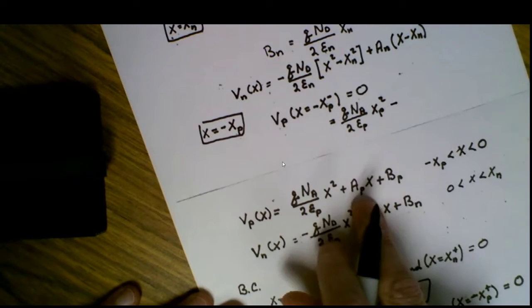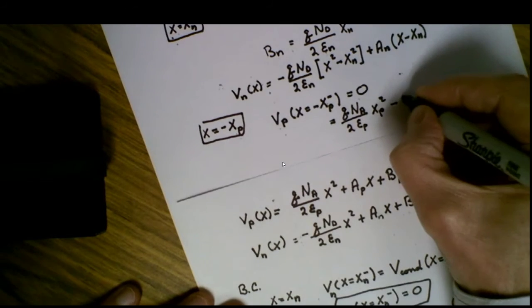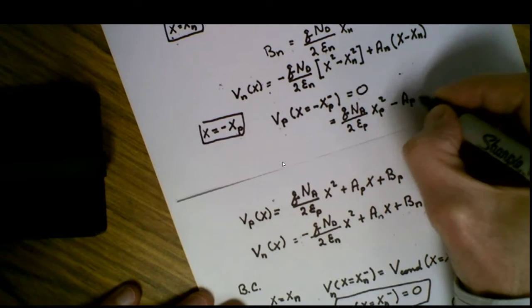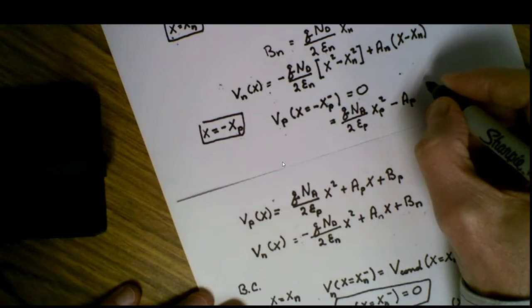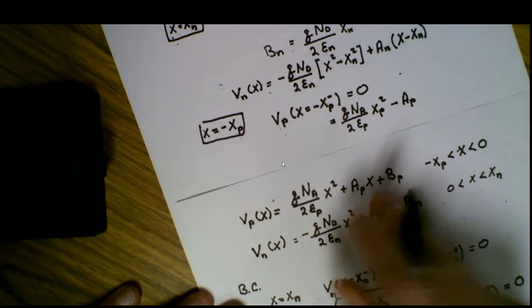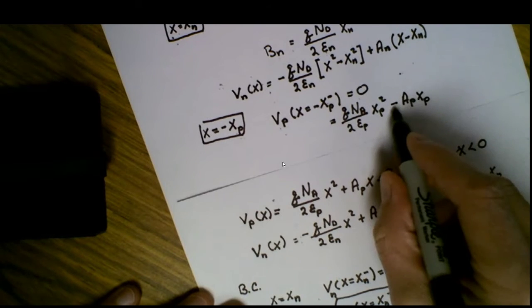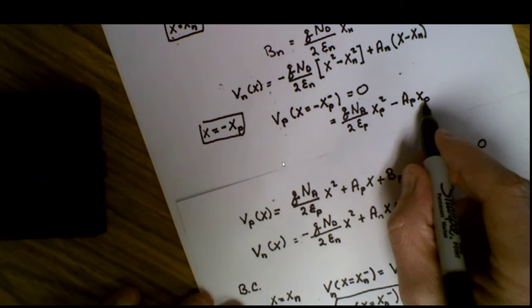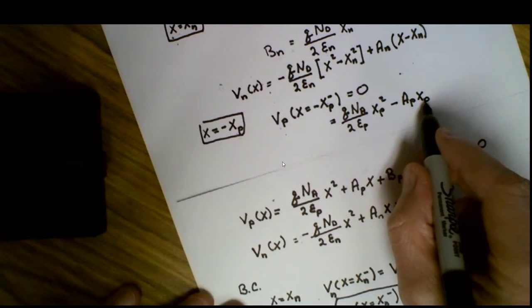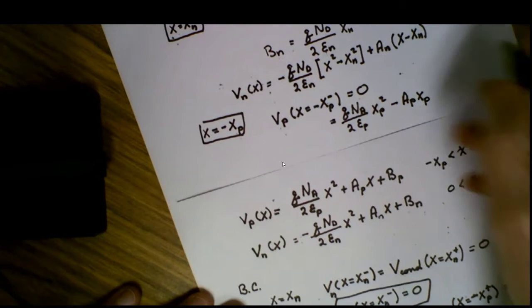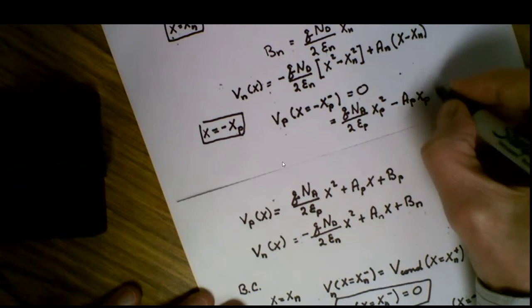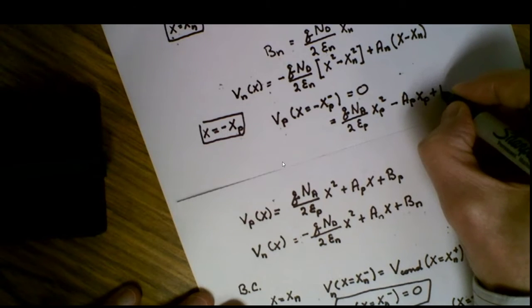minus a sub p times x sub p. And the minus sign comes about because we're at the negative side of the x is equal to 0 axis, or point on the axis. And that's going to be plus b sub p.